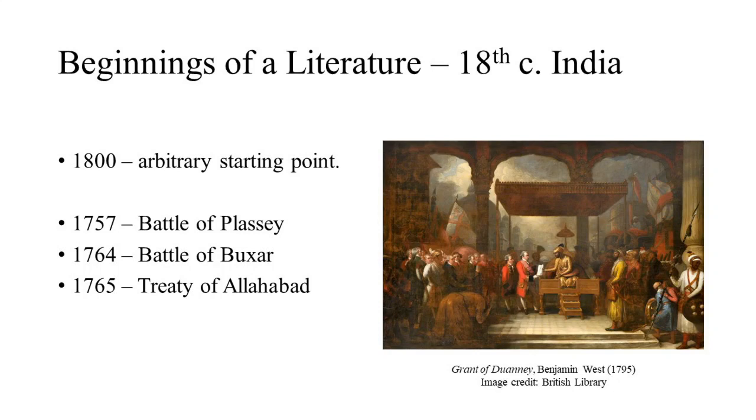But it is significant because by 1800, when we enter the 19th century, India has been established as a British colony, and any competition from other colonial powers like the Dutch or French has been quelled. Internal resistance from many of the small kingdoms of India has been quelled as well, except for the Maratha kingdom.